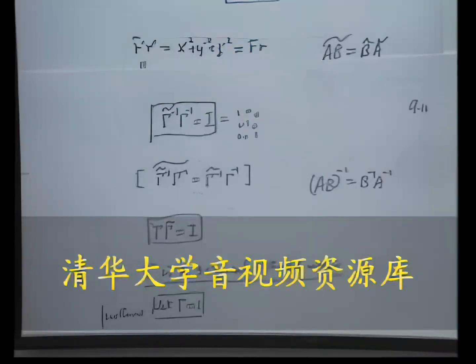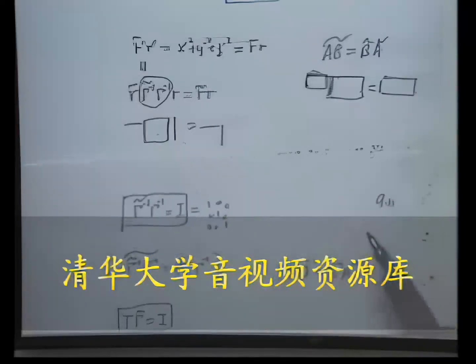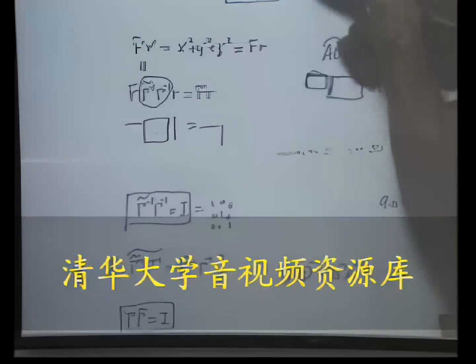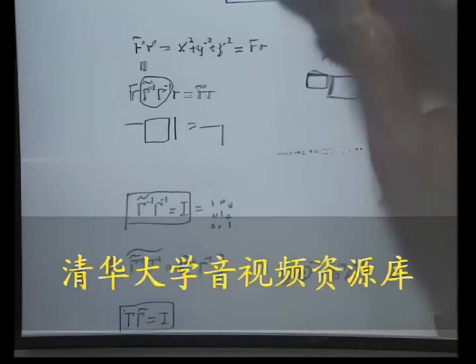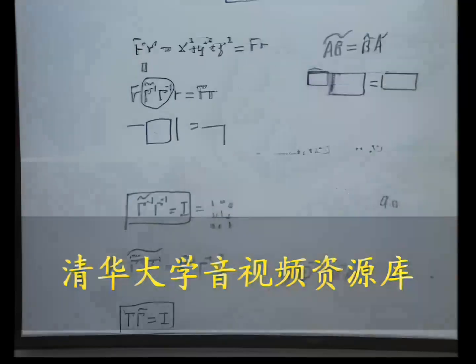Then x prime is equal to x, y prime is equal to y, z prime is equal to z. We'll go back to this formula. If it's no motion, then r prime is equal to r, so gamma is the unit matrix. Gamma is 1, 1, 1. The determinant of the unit matrix is of course 1.